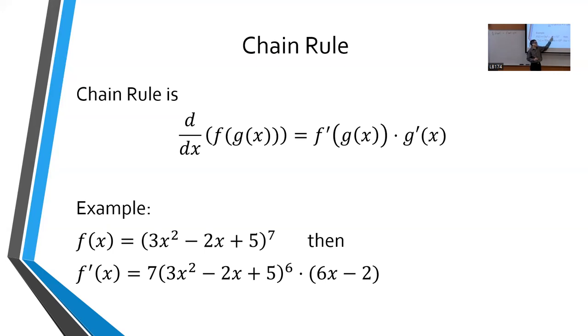So if I had something to the 7th power, for instance a u to the 7th power, and I want to take a derivative of that, I take 7 times u to the 6th power, and then multiply the derivative of the inside function. Okay. In my case, the u was 3x squared minus 2x plus 5.